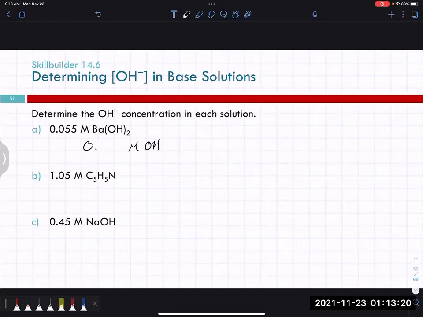It's going to be 0.110 molar hydroxide. And that's because if we want to write this out, we get 2 OH minus for every 1 BaOH2.